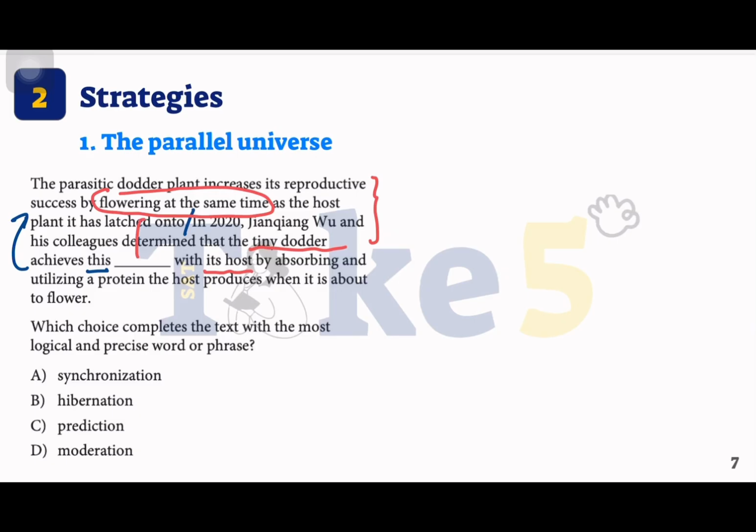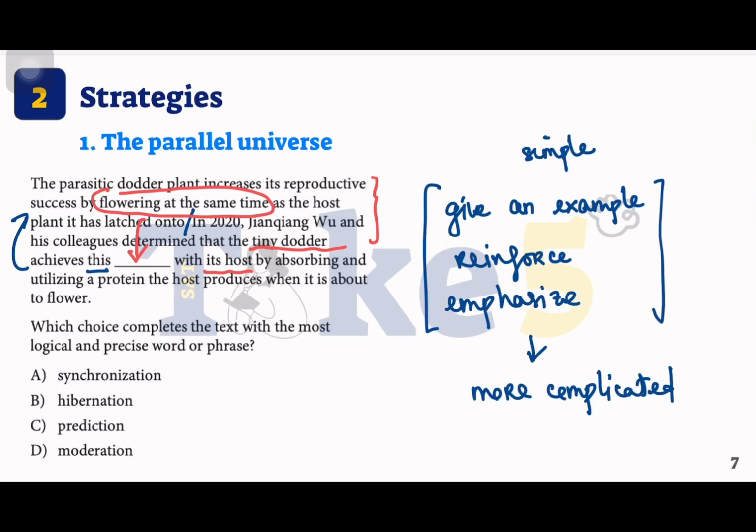So the relationship of two parallel mirrors here is not just supporting, like give an example, reinforce, or emphasize. You now may need to be able to acquire another skill, which is paraphrasing, to be able to find the same description for the phrase flowering at the same time.